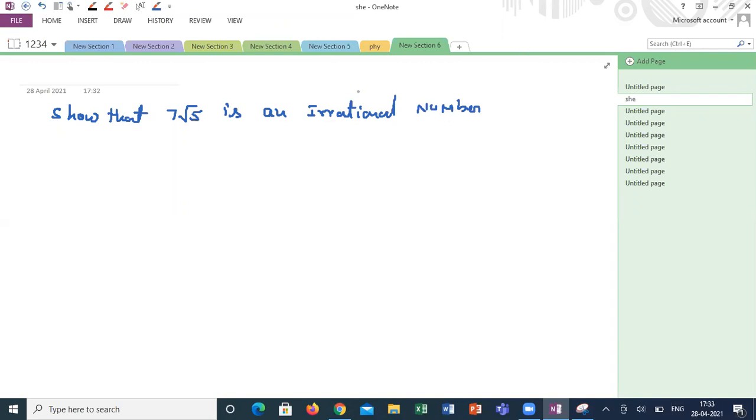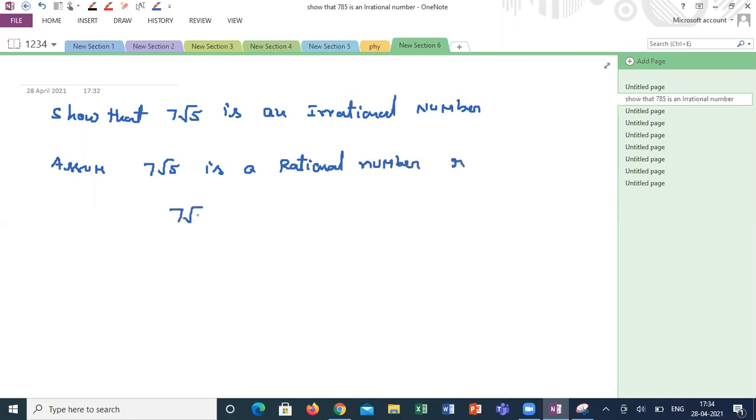Assume 7 root 5 is a rational number, say R. So 7 root 5 is equal to R, where R is a rational number.